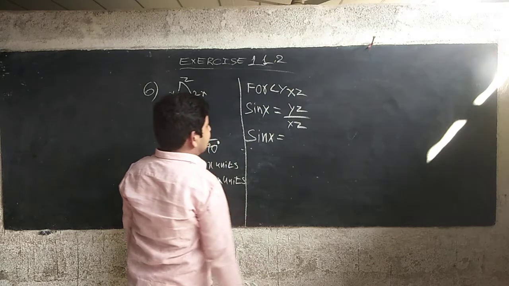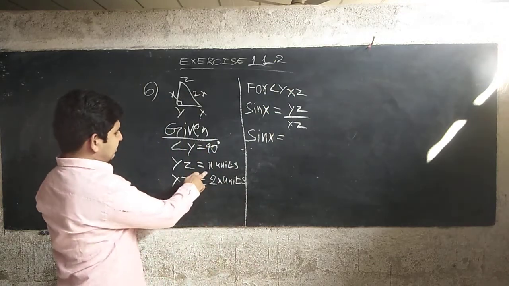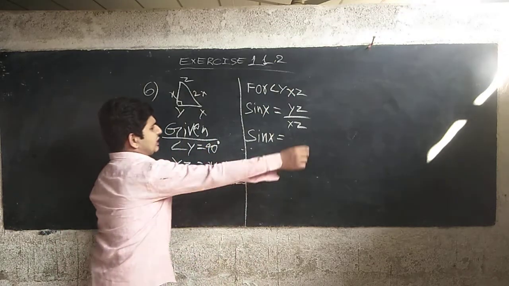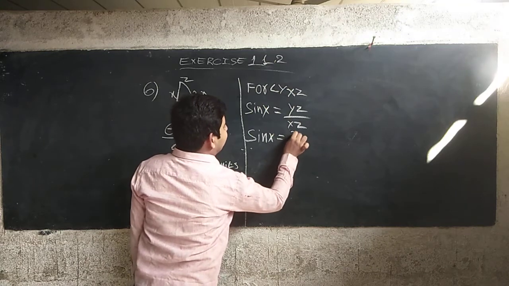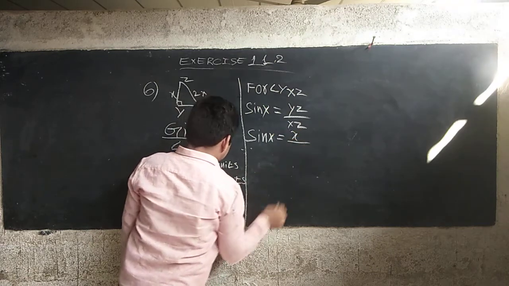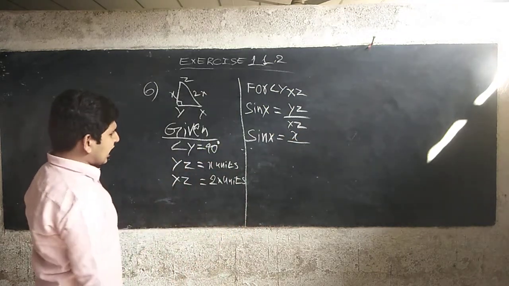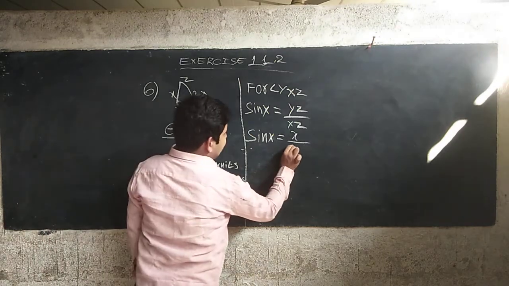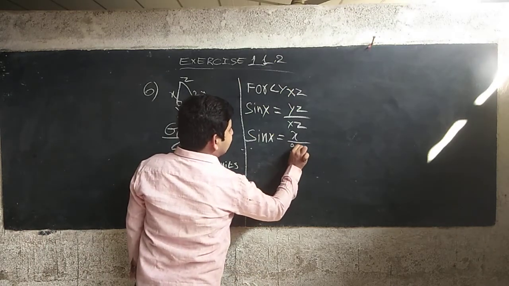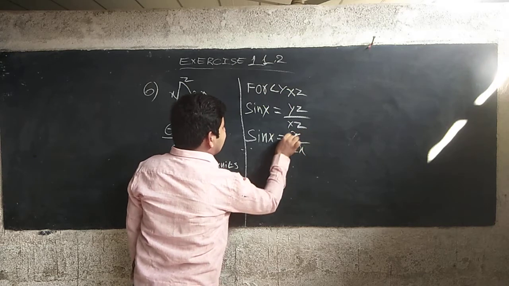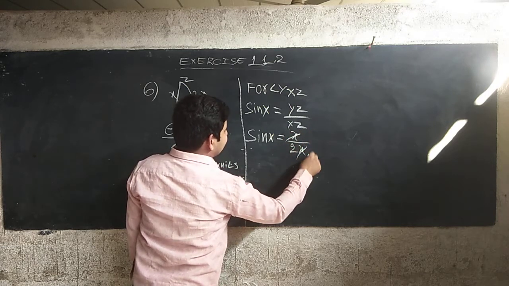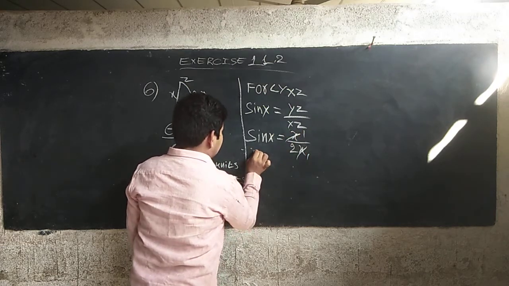Now sin x equals, substituting yz and xz: yz equals x, and xz equals 2x. So sin x equals x by 2x. The x cancels, x by x is 1, so what is remaining?